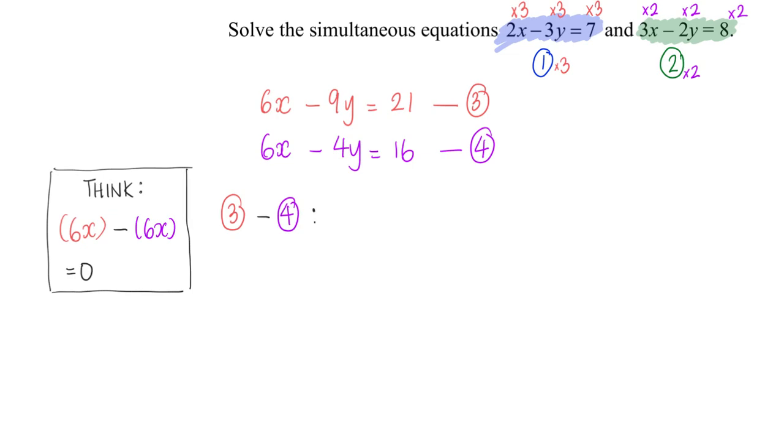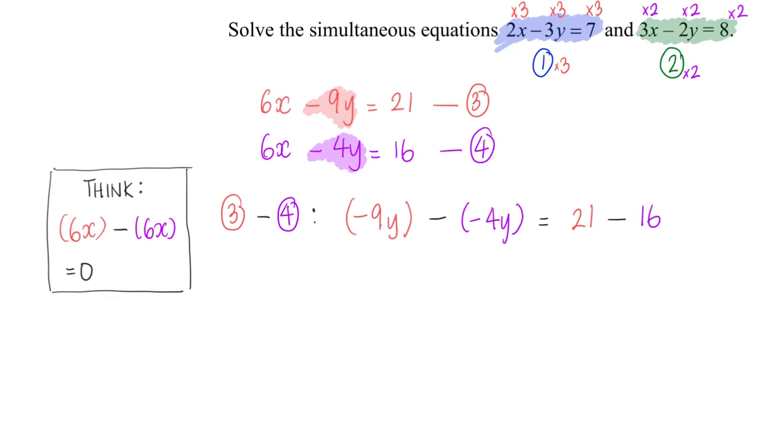Okay, 6x minus 6x will be equals to 0. Eliminated already. I will have a negative 9y minusing negative 4y. Okay, so this is important. When we have a negative, do put bracket. The other side will be 21 minusing my 16.